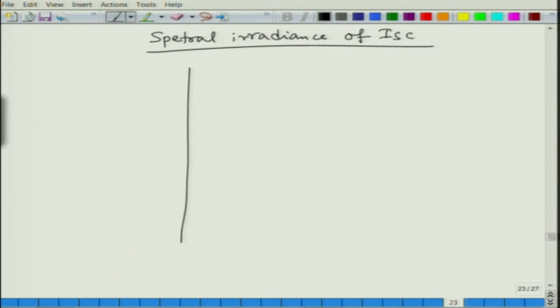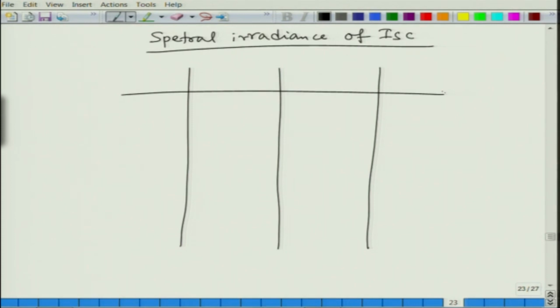So, the same thing, instead of a graph, we can write the numbers for a particular wavelength. So, basically this I we cannot use multiple times. So, what we can do, this I spectral, let us say S and lambda, this is basically the spectral irradiance, and here we can write the FO lambda.